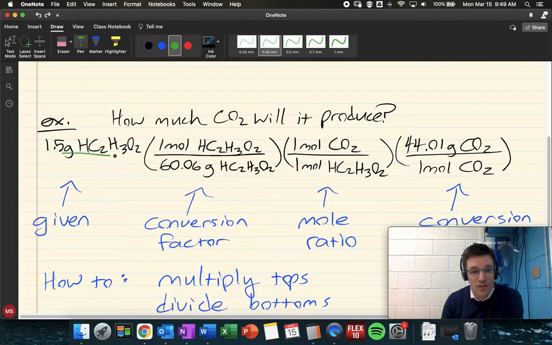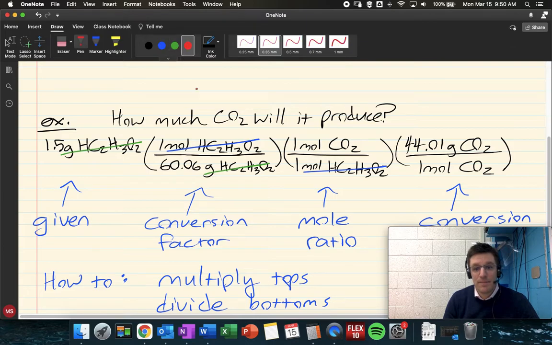So here I have grams acetic acid on top, and I also have grams acetic acid on the bottom. So those units disappear, they cancel, the numbers stay, don't cross those out. Then in the next term I have moles acetic acid on top, right here, and then I have moles acetic acid on bottom, right there. Those are going to cancel.